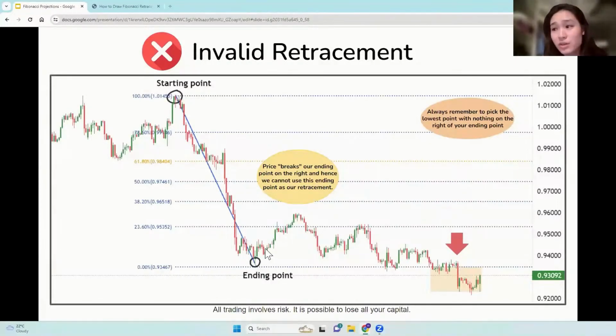Price has already broken below the 0%, and you see that over here with the arrow. Price breaks our ending point on the right, and hence we cannot use this ending point as our retracement. So you want to always remember to pick the lowest point with nothing on the right of the ending point.